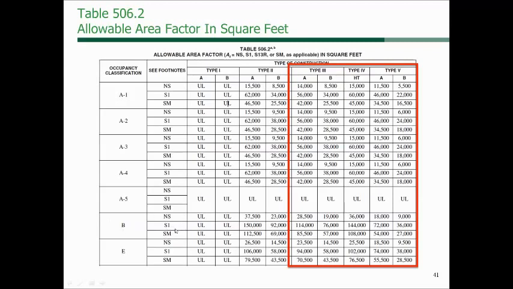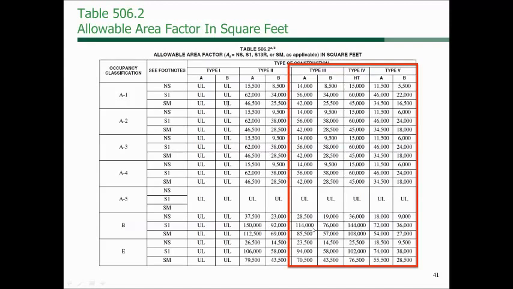So again, if you have a business occupancy, your type 3A construction with no sprinklers, you're at 28,500 square feet. However, if you're 1 level of type B construction, of business occupancy, and S1, that's 1 level and sprinklers, you can go all the way up to 114,000 square feet under type 3 construction.